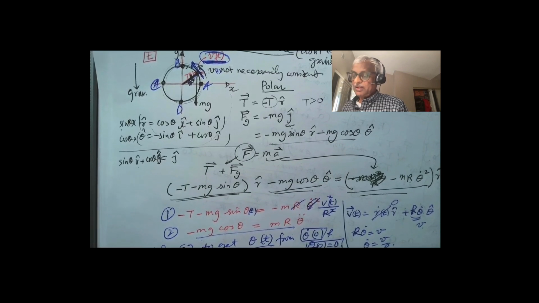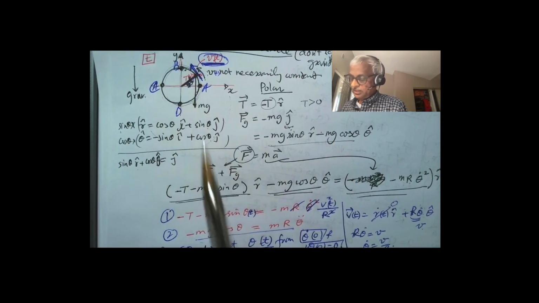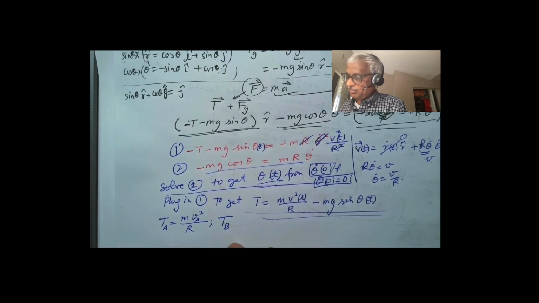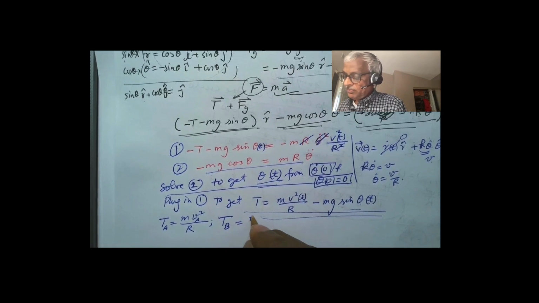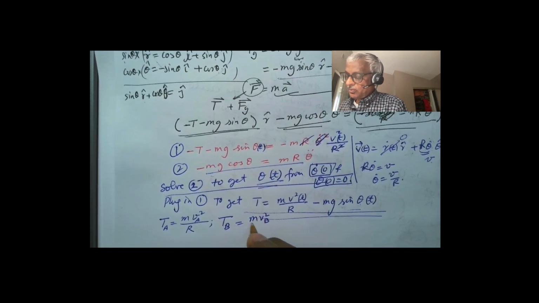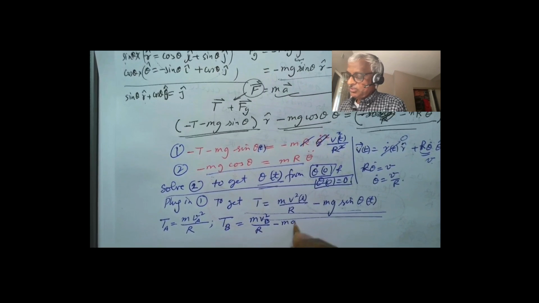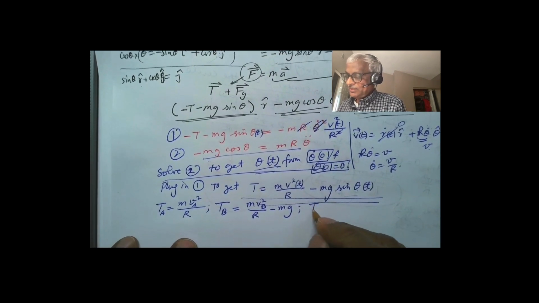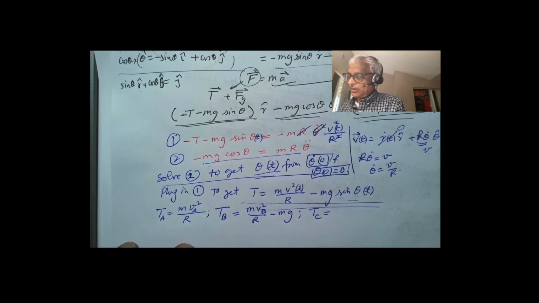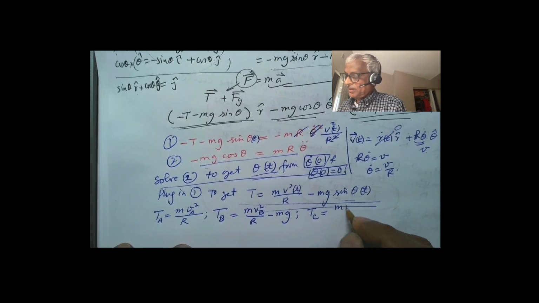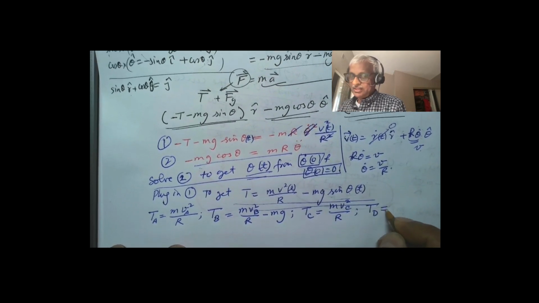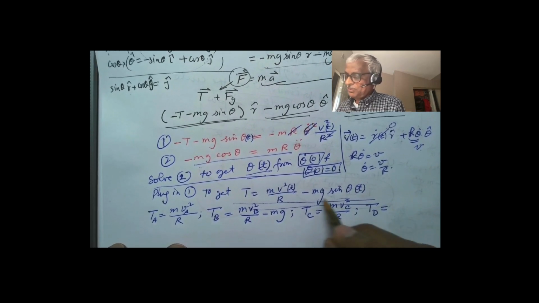When it's B, the top of the trajectory, this will be 1, so tension at B will be mv square over r minus mg, and tension at C will be mv square at C over r, and tension at D, this becomes a plus.